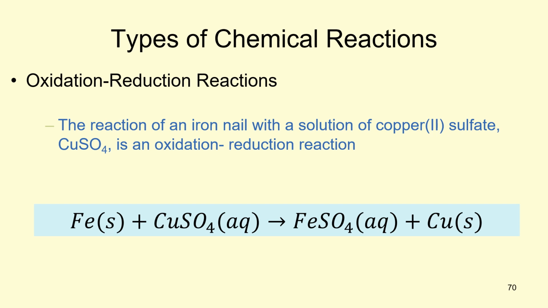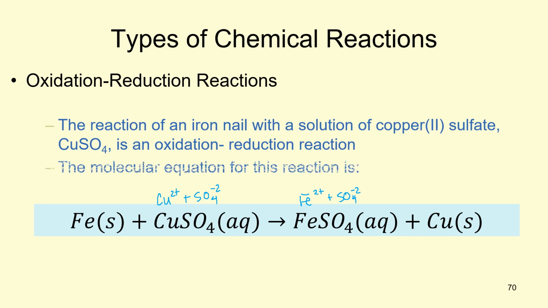And then here, this is an aqueous solution, so actually it's copper ion and sulfate ion dissolved in solution. On the other side, we have iron sulfate, so iron and sulfate are in the products, and then copper is now the metal. We'll see what happens in the next slide.